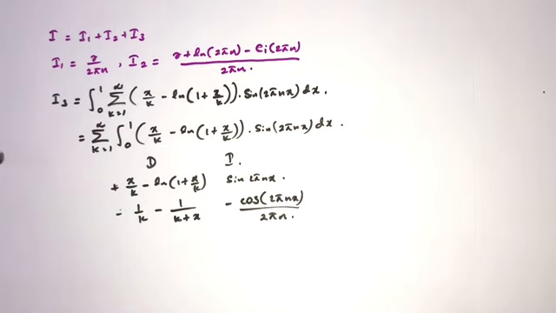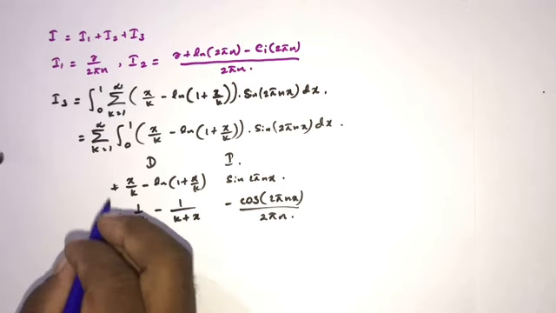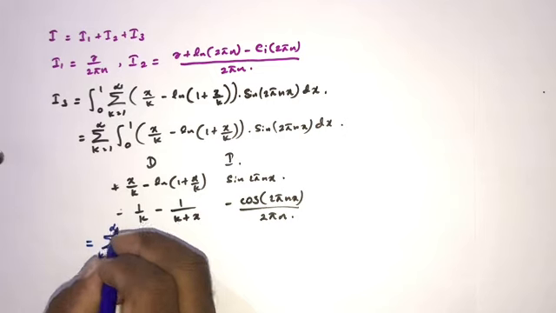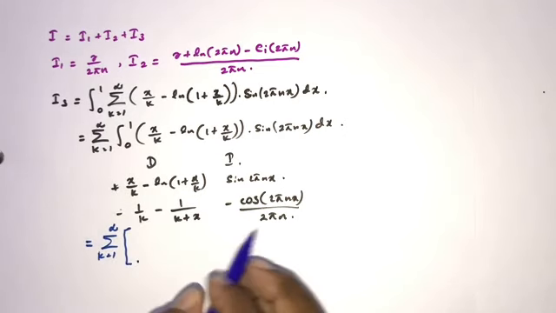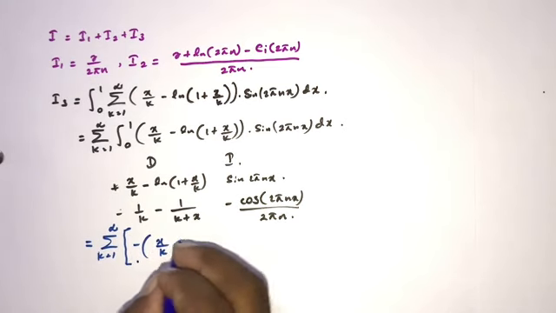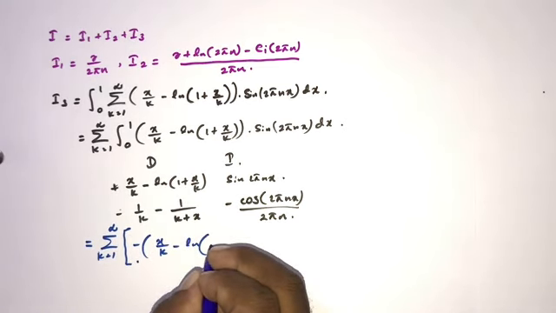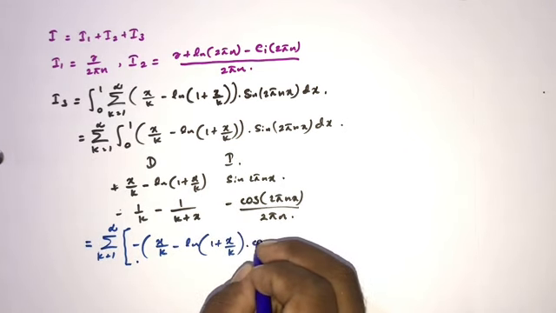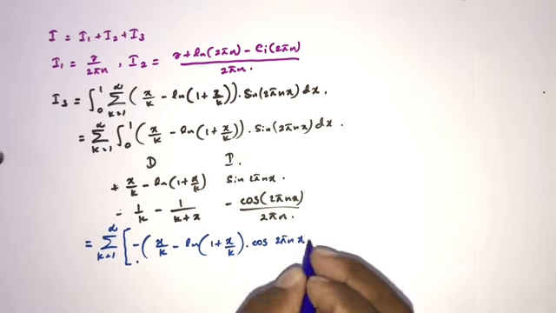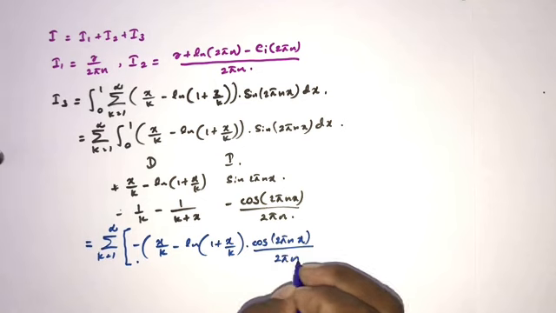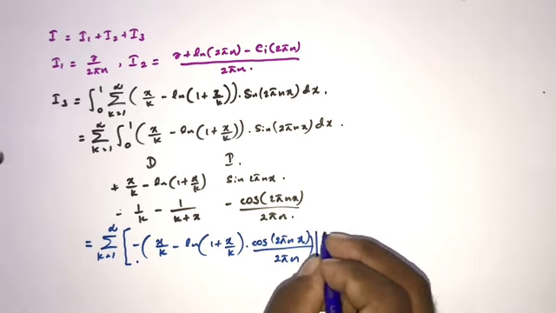Okay, then we can write this as equal to the infinite sum, k equal 1 to infinity. Now here we have minus x over k minus natural log of 1 plus x over k, times cosine of 2 pi nx over 2 pi n, from 0 to 1.